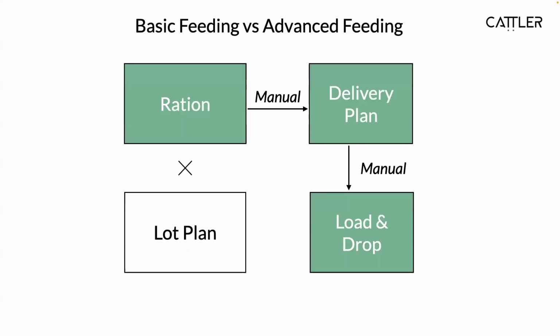I'm going faster because there's another video focused on this, but basically we gave feeding much more power, where what we would do before was ration, delivery plan, load and drop, all manual, and the lot plan kind of disconnected from all this.